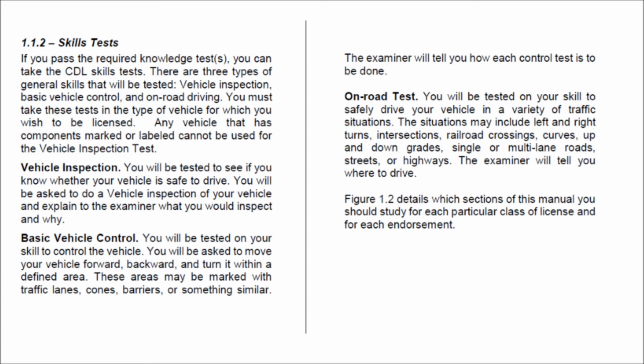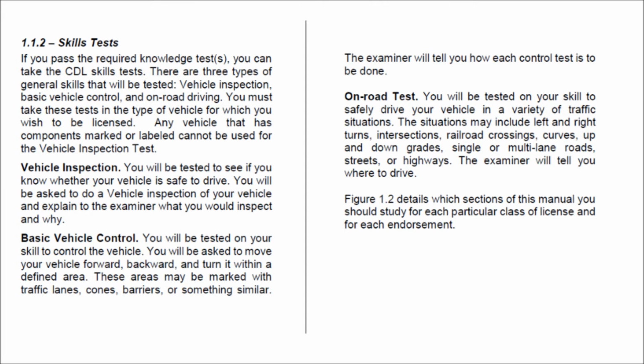You will be asked to move your vehicle forward, backwards, and turn it within a defined area. These areas may be marked with traffic lines, cones, barriers, or something similar. The examiner will tell you how each control test is to be done.